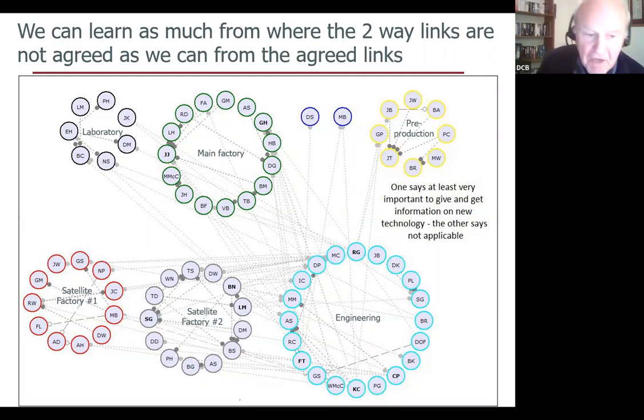Just to illustrate one little point, if you look at the top right-hand corner in pre-production, you'll see a chap called JT, who has no agreed links, but 4 denied links. And the immediate instinctive reaction is, well, he must be a very awkward devil.